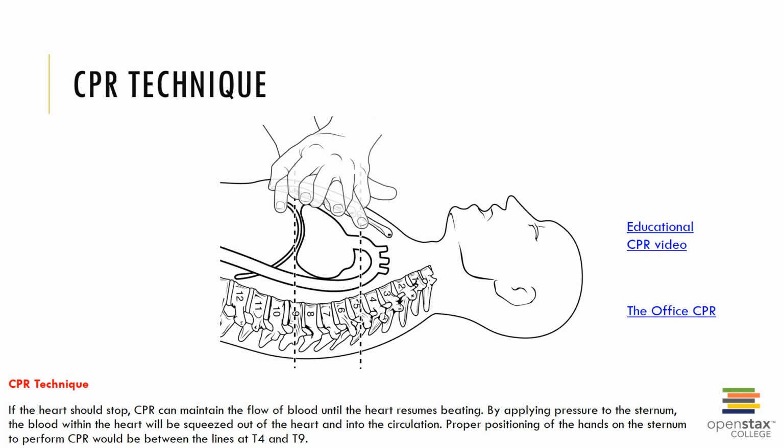The instructions for performing CPR can be found in this educational video. By applying pressure to the sternum, the blood within the heart will be squeezed out of the heart and into the circulation. In addition, proper positioning of the hands on the sternum to perform CPR would be between the lines at T4 and T9.